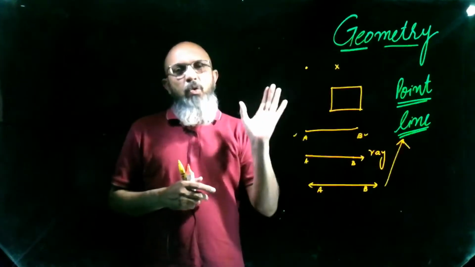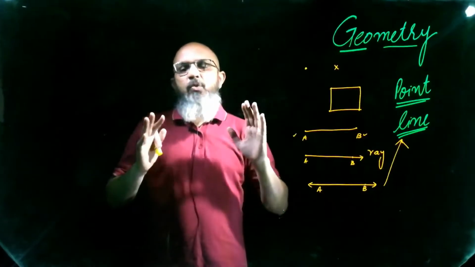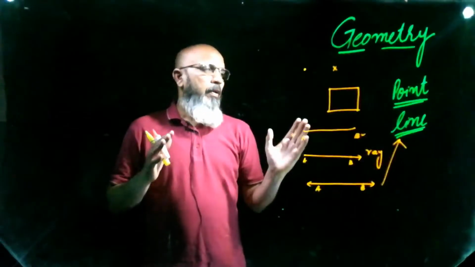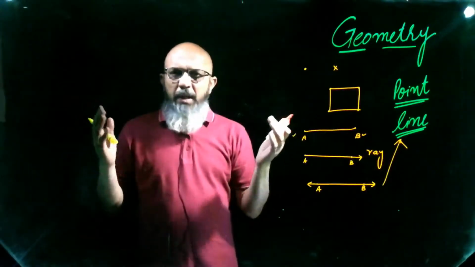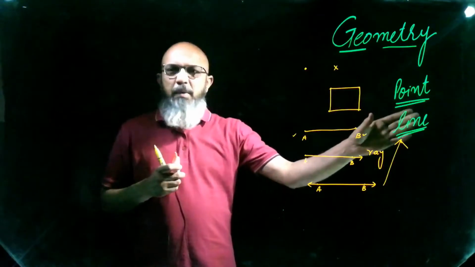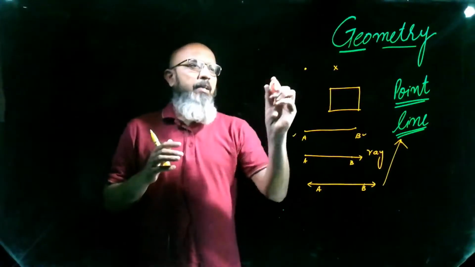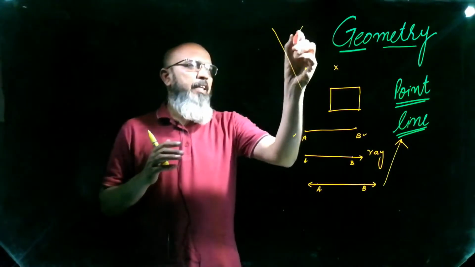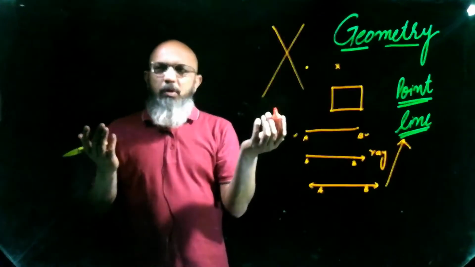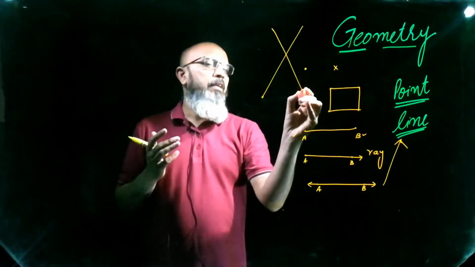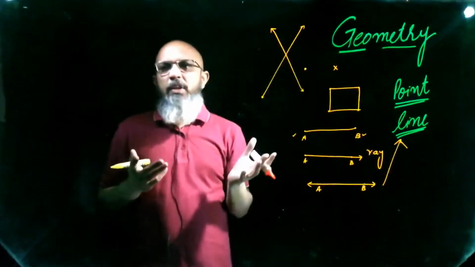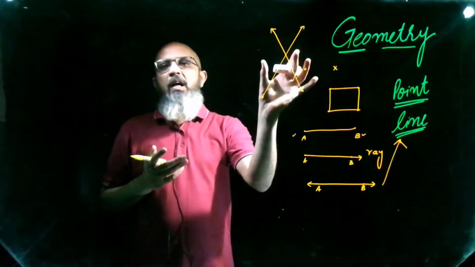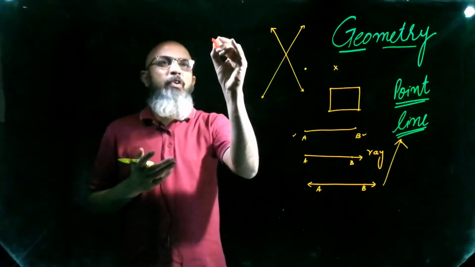Now come to another thing that is very important, that is an angle. Before starting angles, we will discuss some more things about lines. Both of these are lines because they have arrowheads. So what type of lines are these?